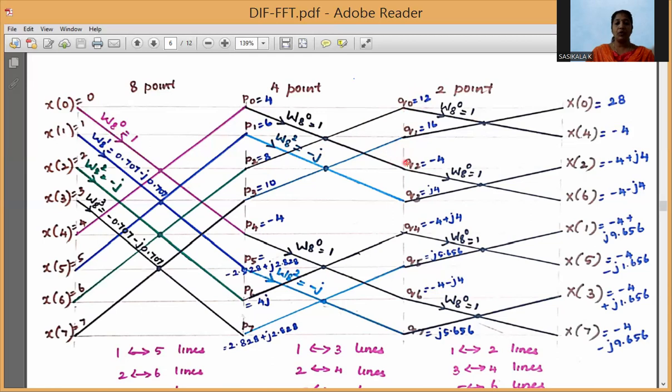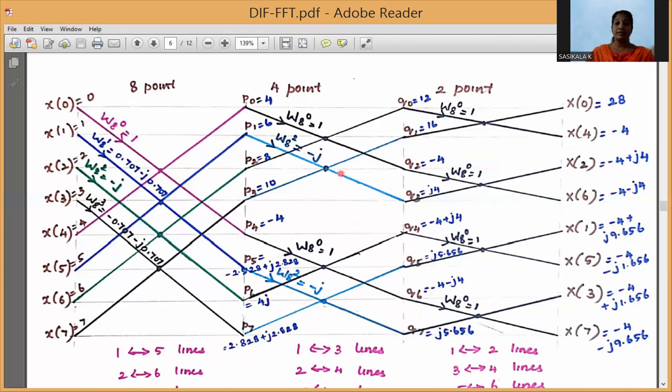And Q2 is equal to first input minus second input into the twiddle factor, that is P0 minus P2 into W8 power 0, which is 4 minus 8 into 1. So 4 minus 8 is minus 4. Minus 4 into 1 is minus 4. So Q2 becomes minus 4.